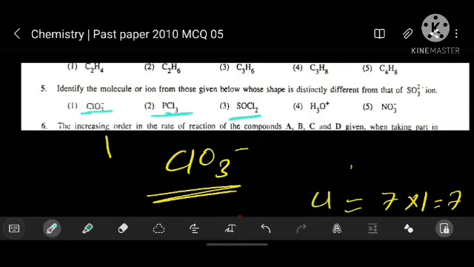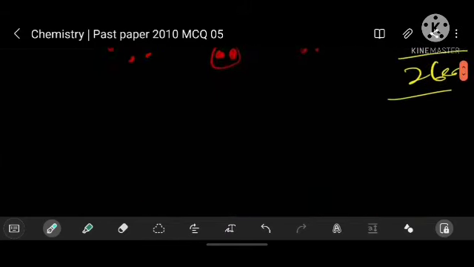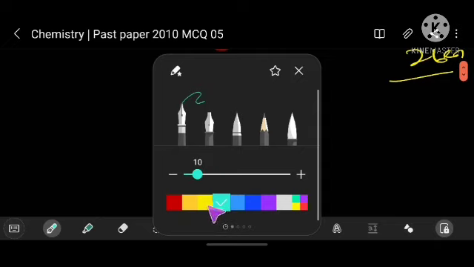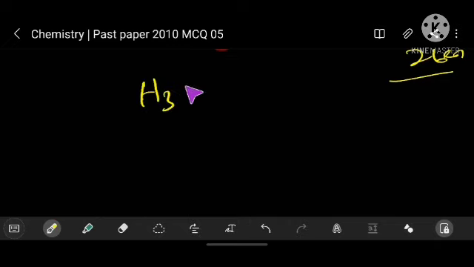Now H3O plus. So oxygen is the central atom. Oxygen is actually the most electronegative atom, so normally we can't make it the central atom.